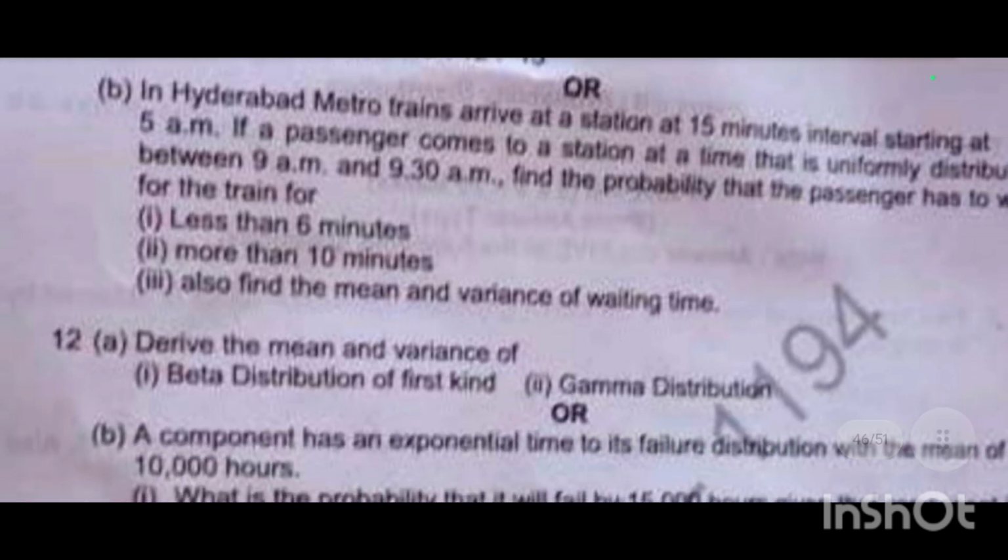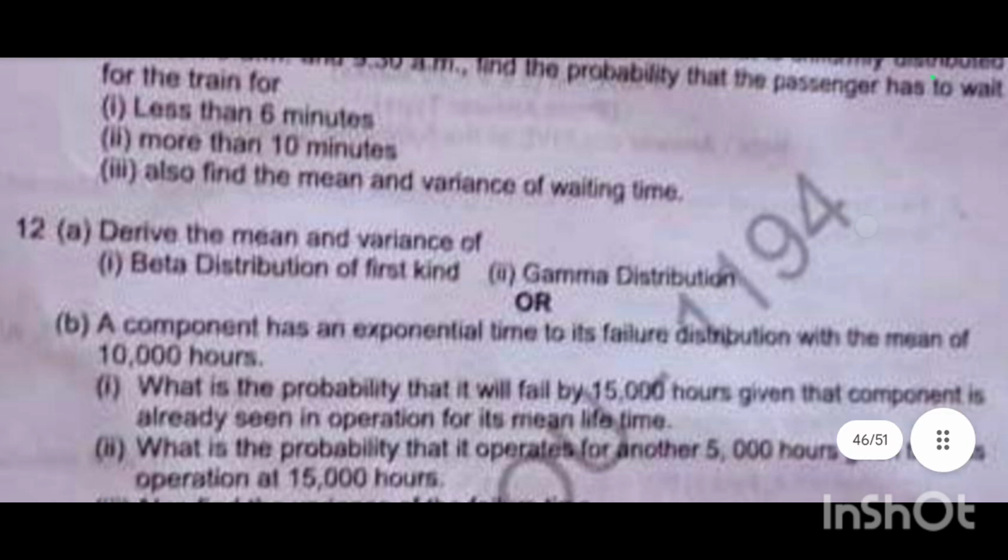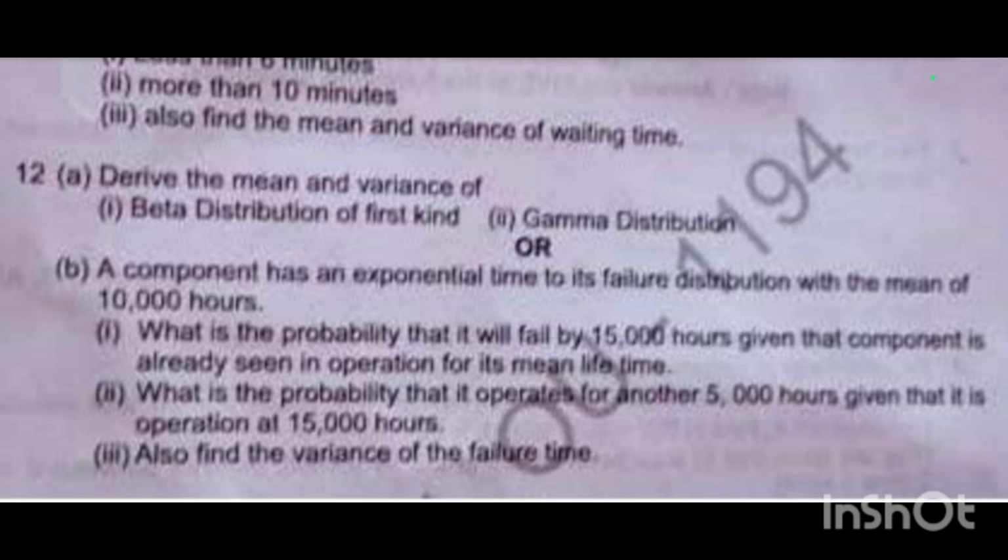Beta distribution of first kind and gamma distribution of first kind you have to write. Here a component has an exponential time to failure distribution with a mean of 10,000 hours. Exponential distribution is given.